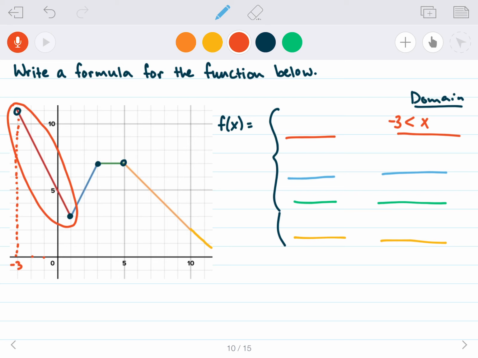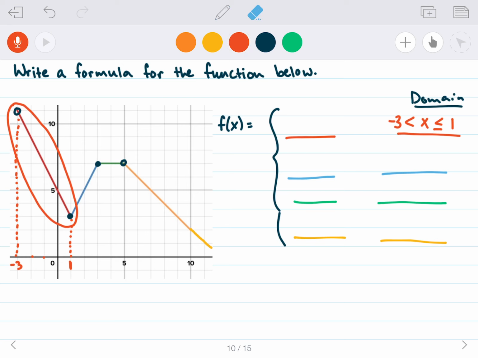And the strictly is because of this open circle right here. And it's bounded by this x value right here, which is 1. So it's going to be greater than negative 3, but less than or equal to, because of the closed dot, less than or equal to 1. So that's my first domain.